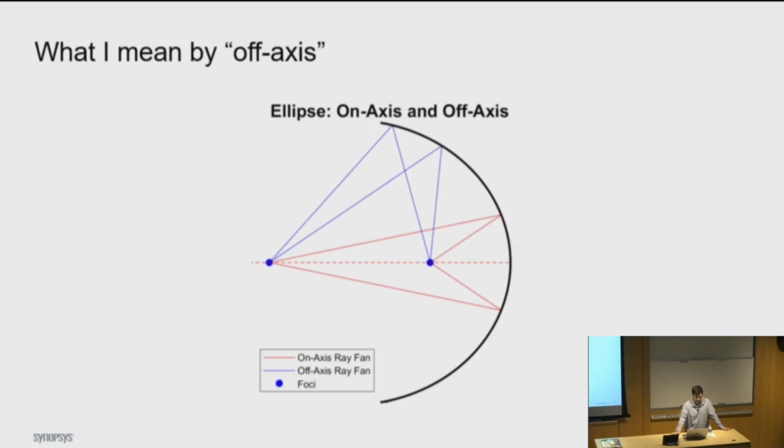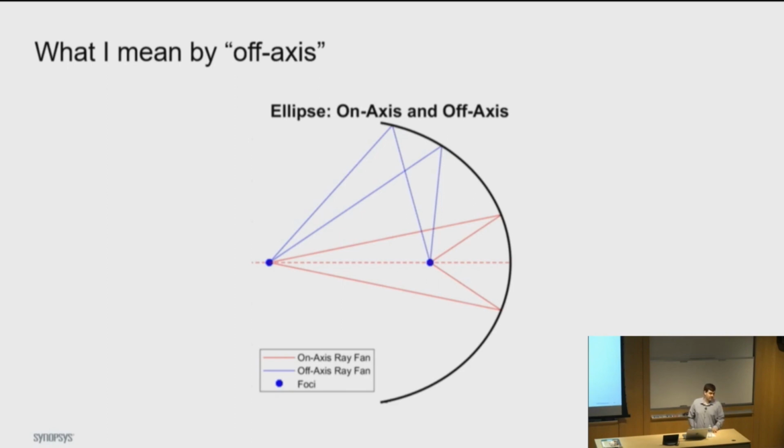And before getting too far into that, what I mean by off-axis is essentially as follows. Here we have a section of an ellipse that's in black. The red dotted line is the axis of the ellipse. So if you wanted to turn this into an optical surface, you would spin around that red dotted line. That's the axis of revolution. This ellipse has two sections shown on it. The first section is traced out by the red ray fan.